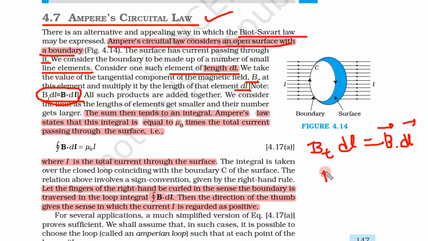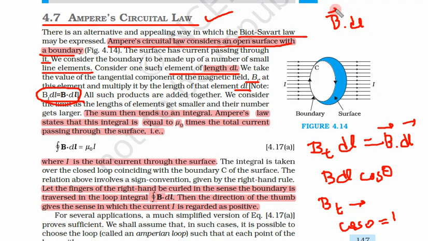Because B dot dl is B dl cos theta, and only for Bt is cos theta equal to cos 0, which is 1. So let us put Bt instead of B, and cos theta is 0. So what we get is B dot dl equal to Bt, which is the tangential component for which cos theta is 0, times dl.